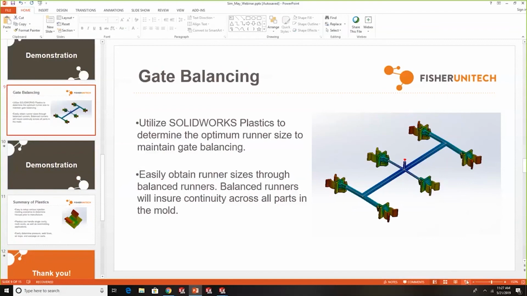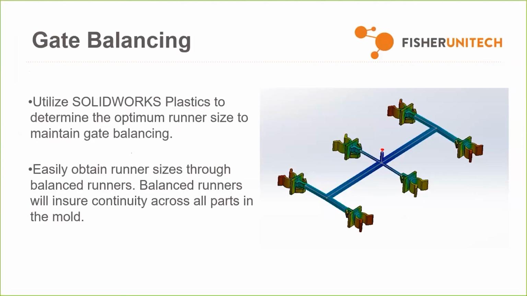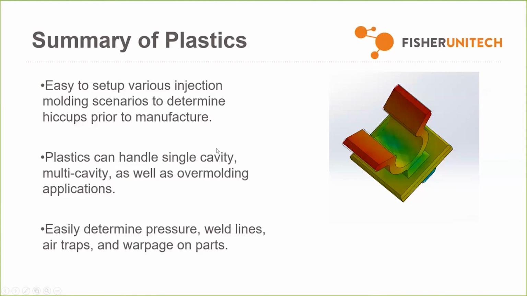So I come back to my PowerPoint here. One of the things, kind of a quick webinar, but a summary of plastics: you saw that it's very easy to set up these scenarios. We start off with a single cavity with the windshield wiper holder, and then we jump to a multi-cavity mold.